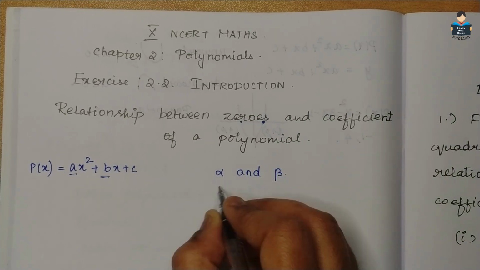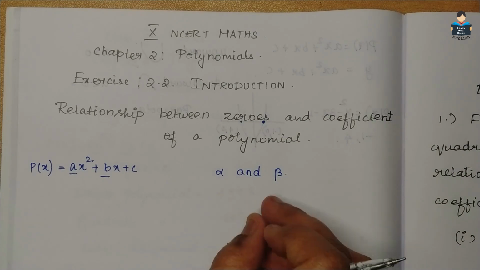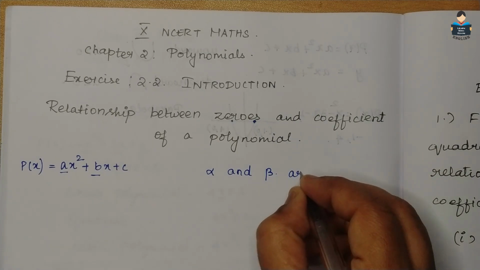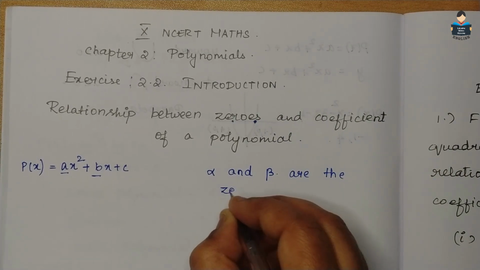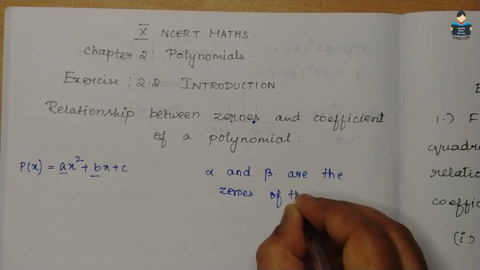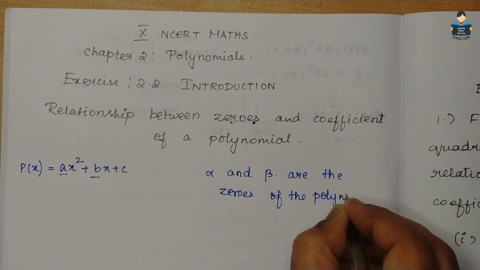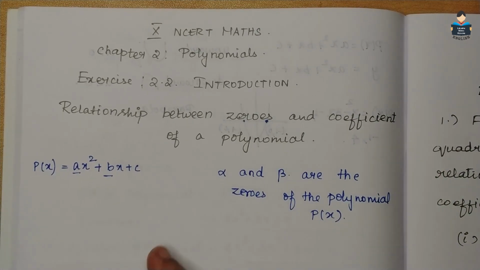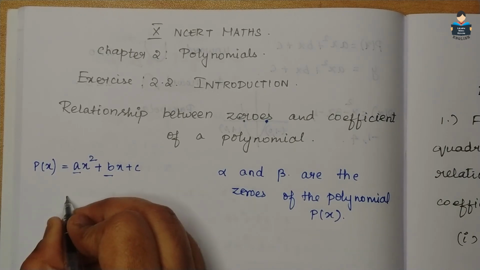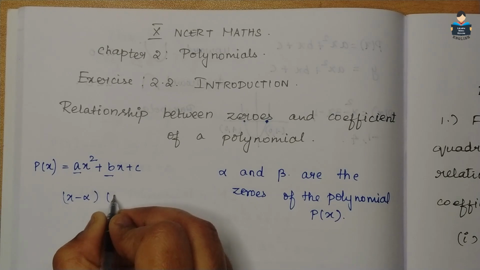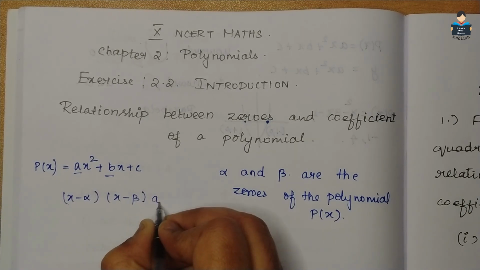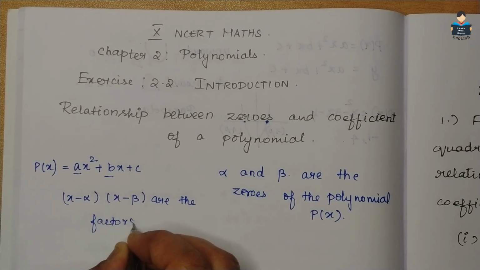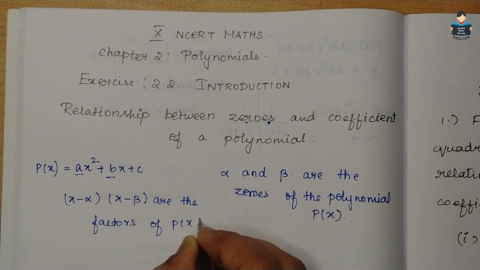Alpha and beta are the zeros of the polynomial p of x, and we can say x minus alpha and x minus beta are the factors of the polynomial p of x.